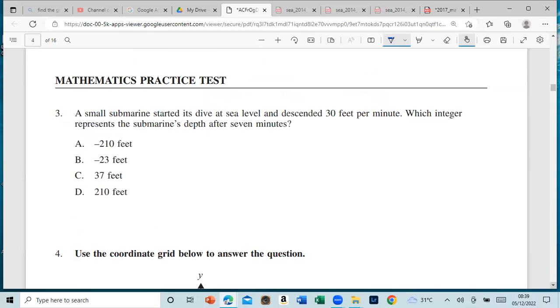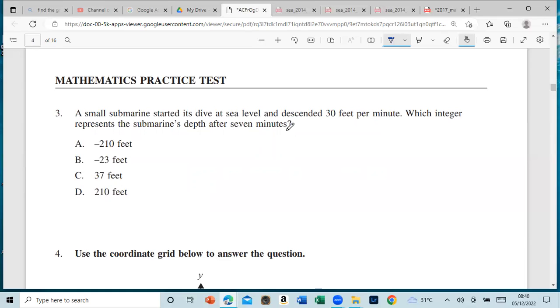Let's move on to number 3. A small submarine dives from sea level and descends 30 feet per minute. Which integer represents the submarine's depth after 7 minutes? Notice it says integer, right?